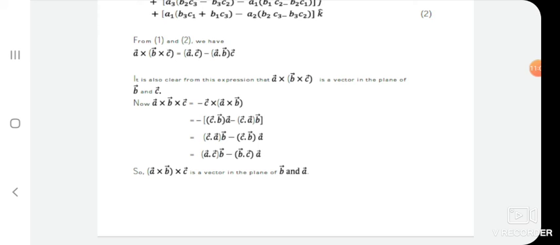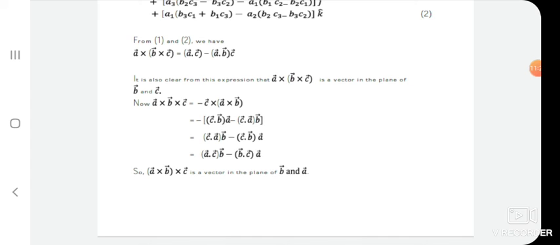If you take the minus sign inside the bracket, it becomes C dot A into B minus C dot B into A, that is, A dot C into B minus B dot C into A.